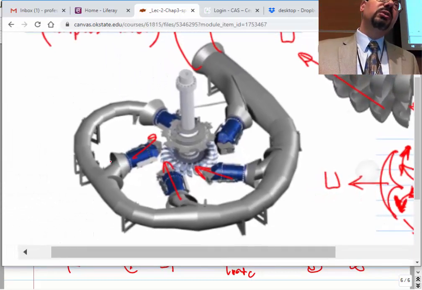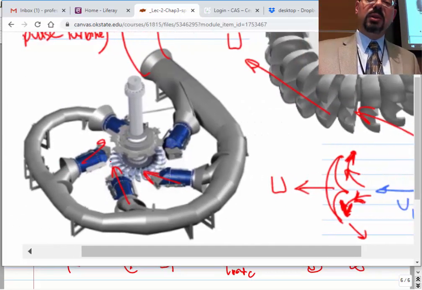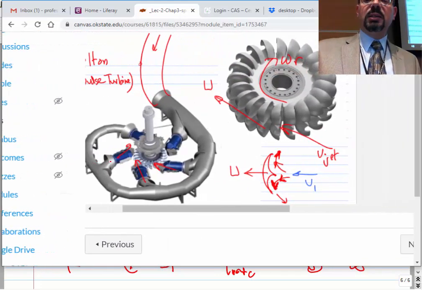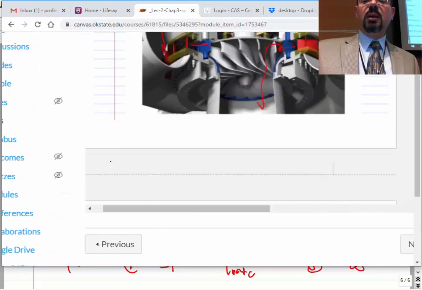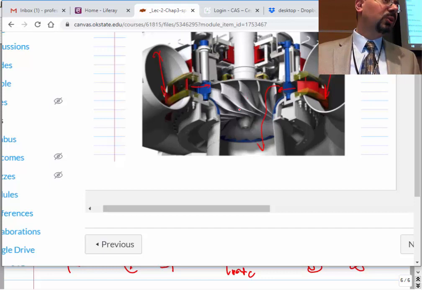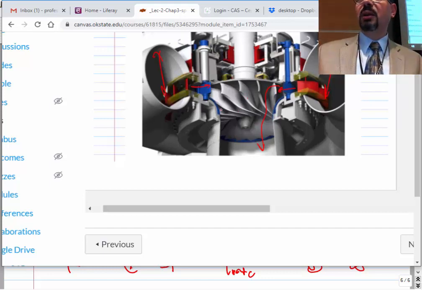It's all atmospheric pressure. So that's a pure impulse turbine. Of course this is not the case for this one. I mean, the pressure here could still keep dropping inside the rotor because it's closed, right? And it can slowly drop.